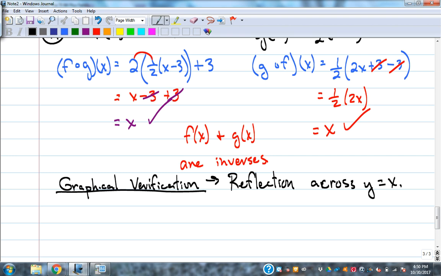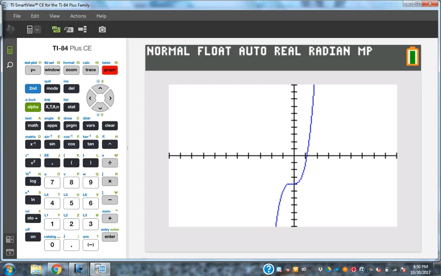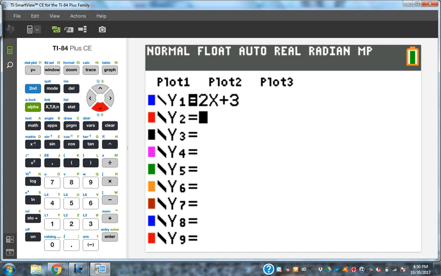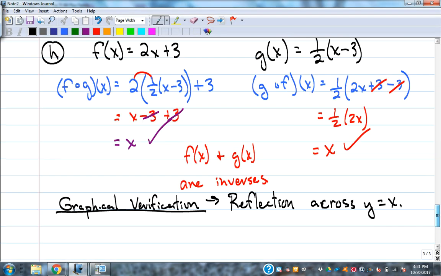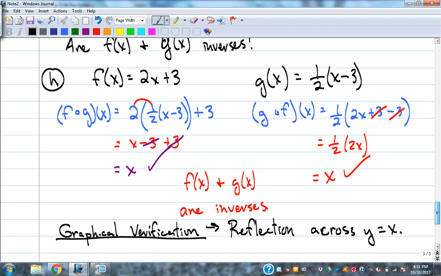So for our problem, if we graphed those two equations, the same two from example H, 2x plus 3, and then 1/2 (x minus 3).